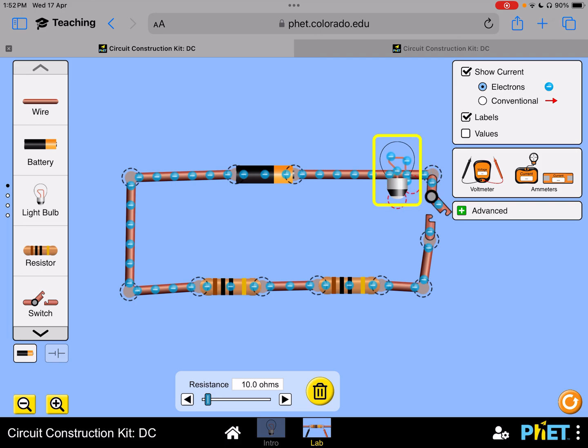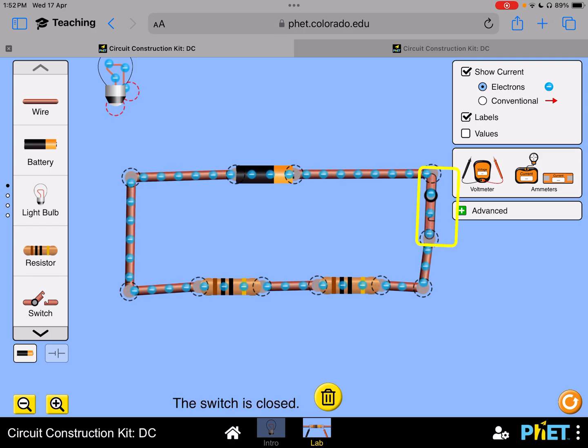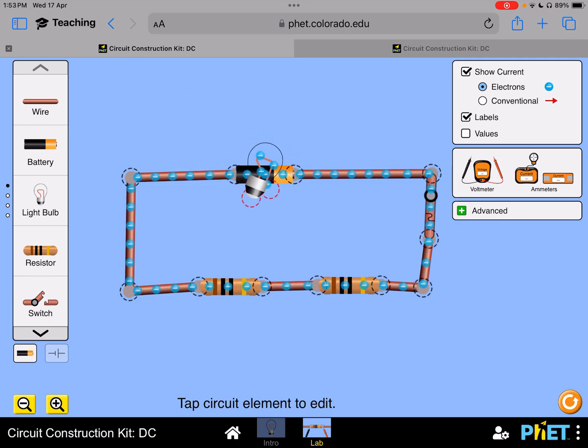This is a switch. Then afterwards, moving through two resistors. What you're seeing now is actually the electron flow. If I close the switch, you will see the electrons flowing from the negative terminal out, all the way through, and back to the positive. That is the electron flow.